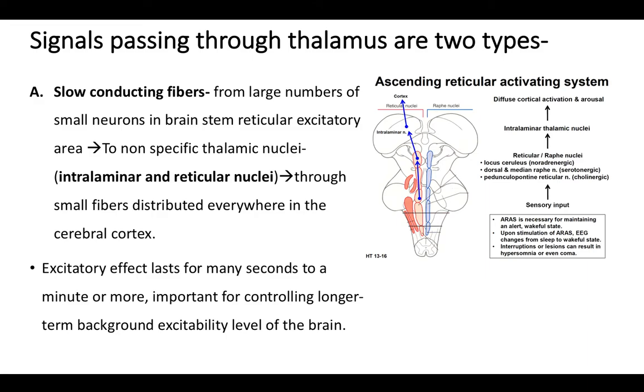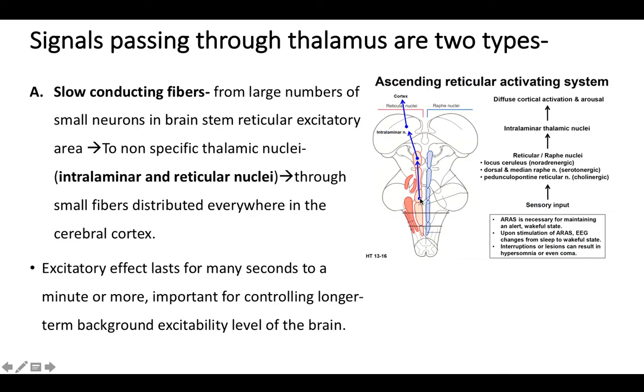Slow conducting fibers come from a large number of small neurons in the brainstem reticular excitatory area, and pass on to the non-specific thalamic nuclei, which are mainly the intralaminar and reticular nuclei. From there, via small fibers, they are distributed throughout the cerebral cortex.